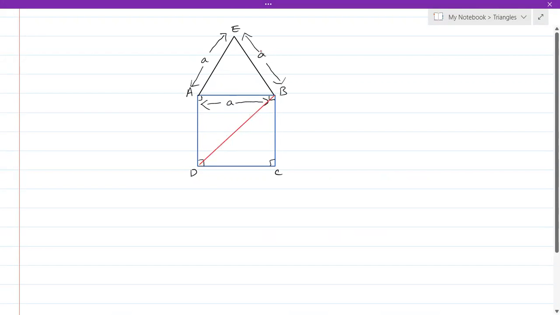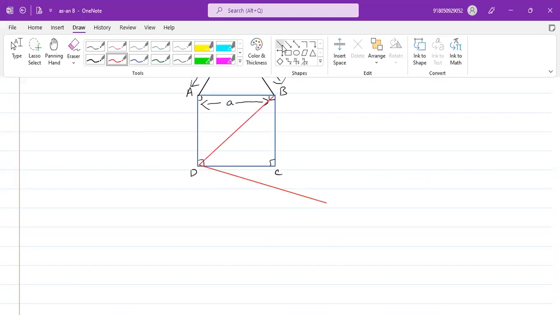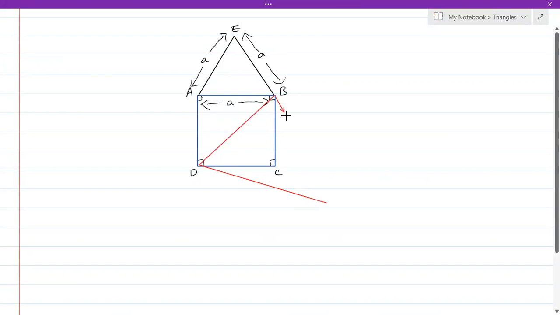So using the diagonal as one side of the equilateral triangle, on this diagonal we are constructing an equilateral triangle. Let me take this as some F. So the black triangle is one equilateral triangle, and the other equilateral triangle is DFB, the red one.